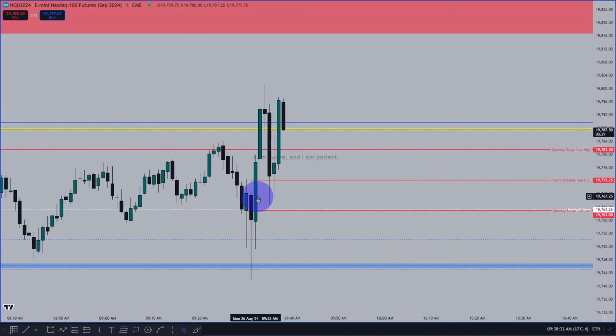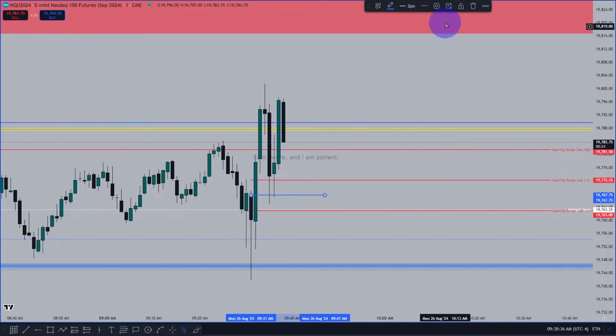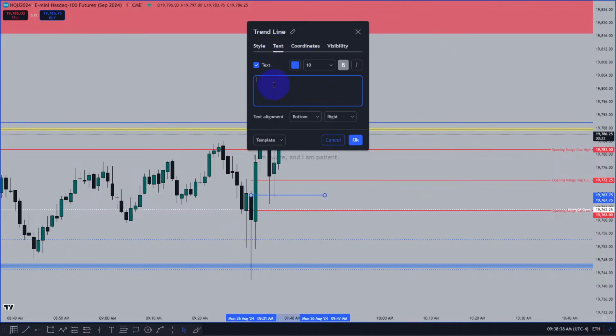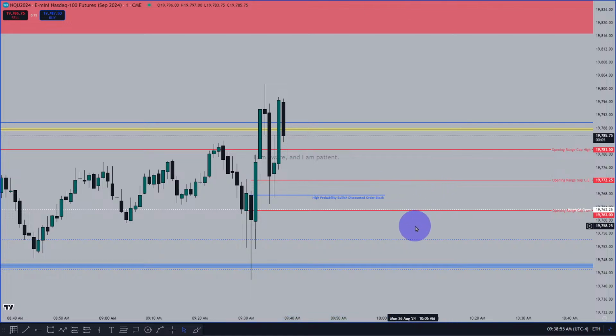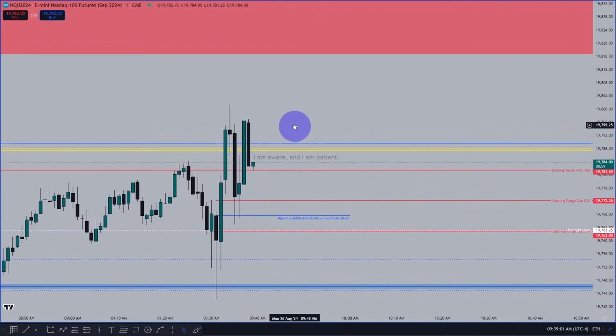So it seems like we're respecting the order block. Actually, not that. It's a high probability order block. Okay, so back into the CE, back into the order block, and we start to push higher.